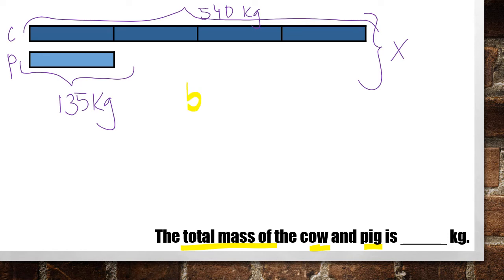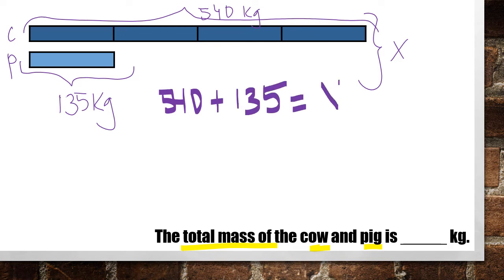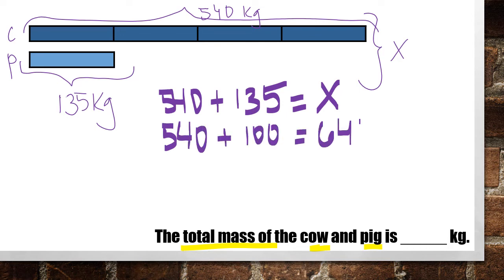So we're going to do 540 plus 135, and that will help us to find x, or our missing value. You know that I like to break these apart, so I'm going to do 540 plus 100, which gets me to 640.